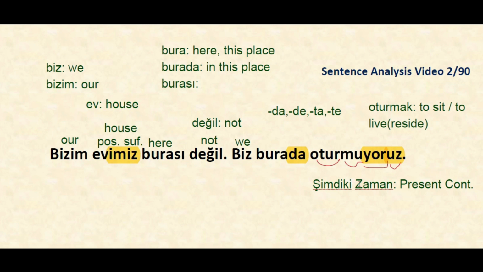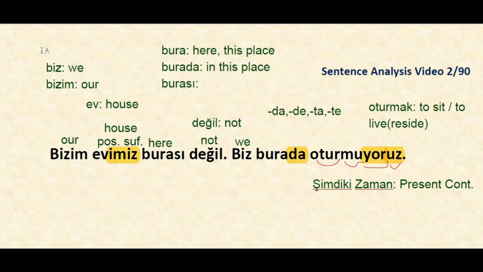Normally when you want to talk about things you are doing right now, yor can be used. So this suffix is the present continuous tense suffix, but it can also be used for general things, just like the simple present tense. For the simple present tense we can also use yor in Turkish. That's why here we see a general statement, we live here or don't live here.